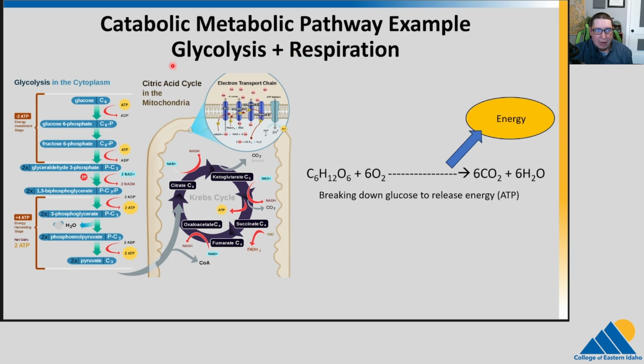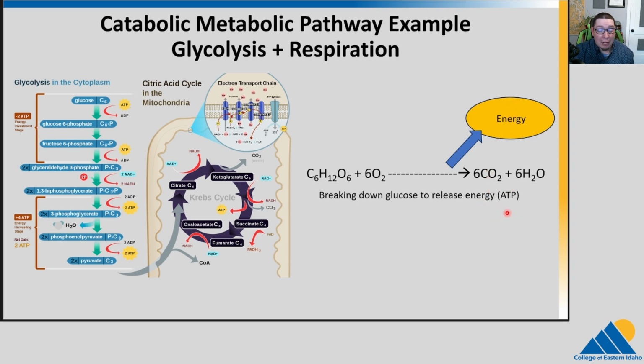So if we break this name down, glycolysis, that's breaking sugar apart, and we'll see respiration here in a bit, but there's a whole series of reactions that take glucose in, C6H12O6, use oxygen with that to break glucose down into carbon dioxide and water, and in the process, energy is released.